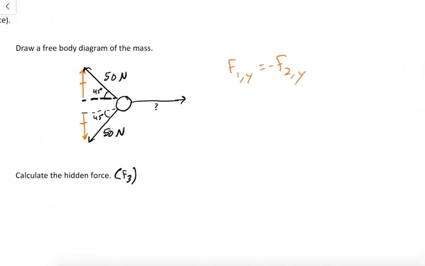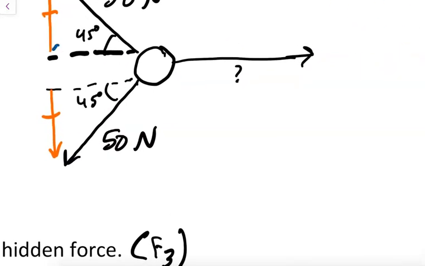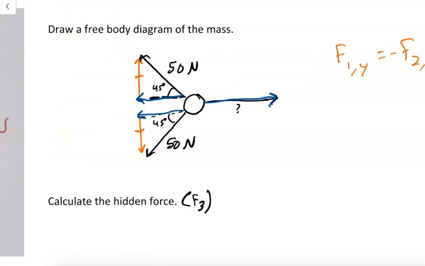Therefore the net force in the y direction is going to be 0 newtons. So we don't need to worry about the vertical direction. We just need to worry about the horizontal values, and those two should add up to this final vector on the right side.